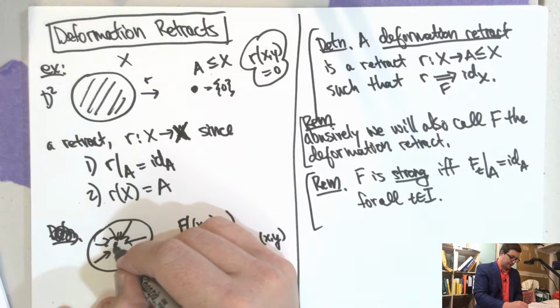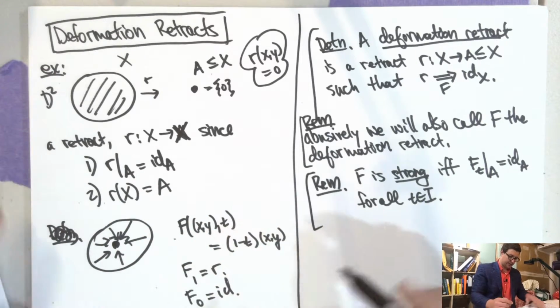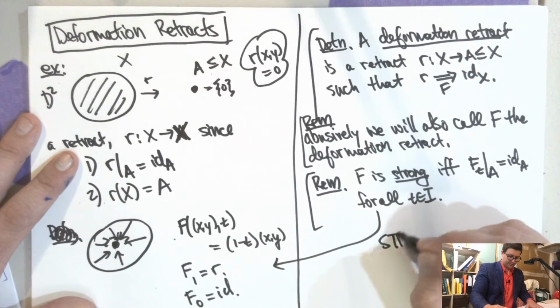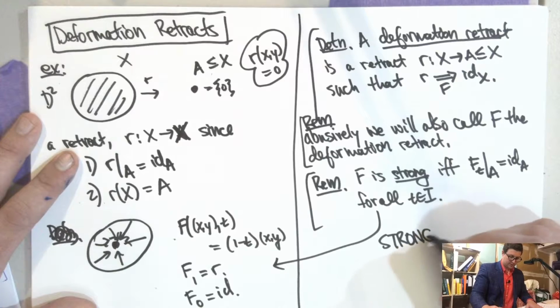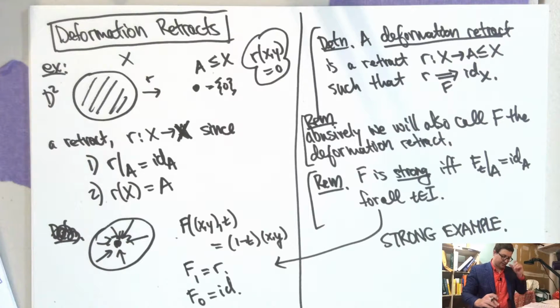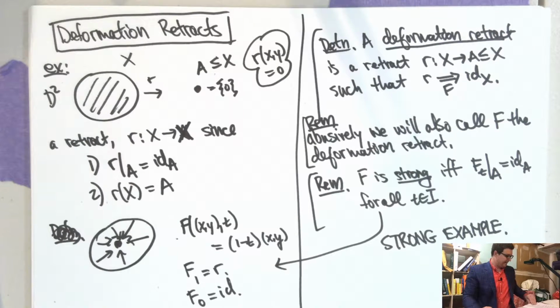This one is strong here, so this is an example of a strong example. Okay, so that's another example. Another thing is you can remove... Yeah, there's lots of examples, and we've already talked about a lot of examples.